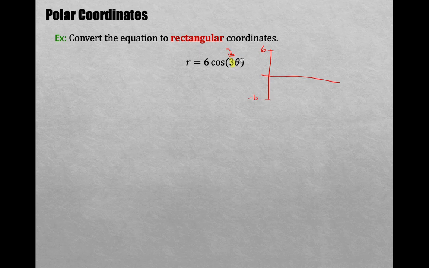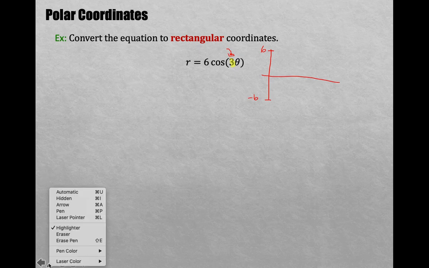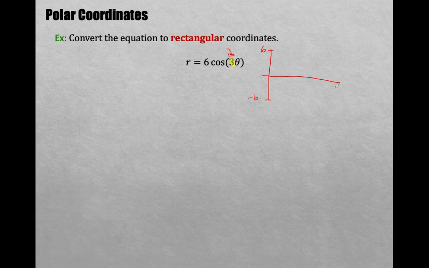B literally is how many cycles of your graph you see in a distance of 2 pi. So cosine theta, how many cosine thetas am I going to see in a distance of 2 pi? 3.